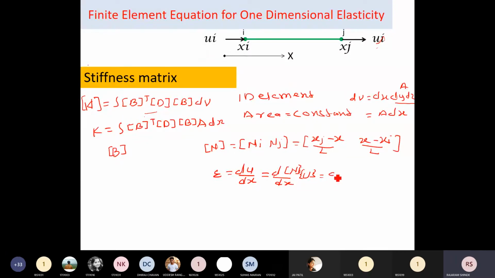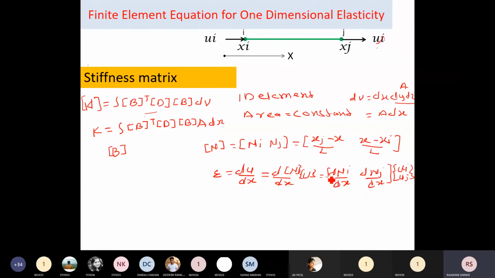This becomes dNi by dx and dNj by dx. Okay, now this matrix into ui uj.